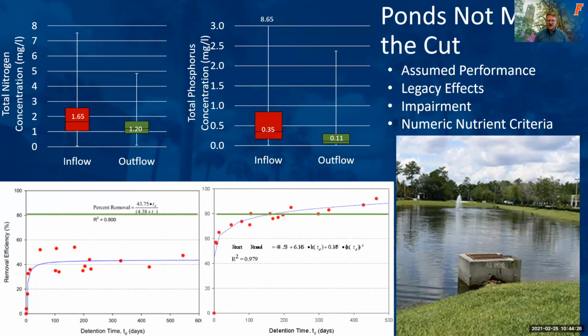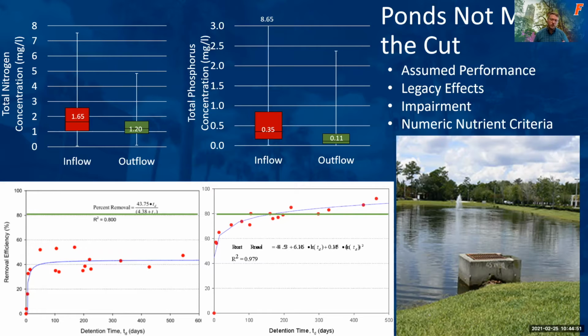However, what we see in some of the research, whether it's looking at the concentrations or the overall mass removal, is they're not really reaching that level, particularly for nitrogen. So our concentrations coming in tend to be on the order of 1.6 milligrams of nitrogen, with the outflow getting down to 1.2. We're only really getting there. That comes out to be about 25–30% maybe.